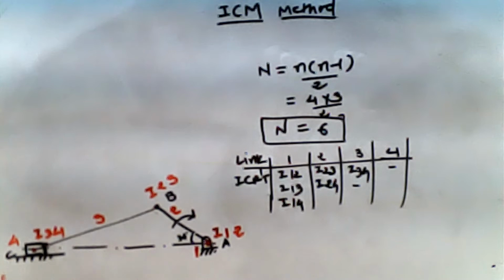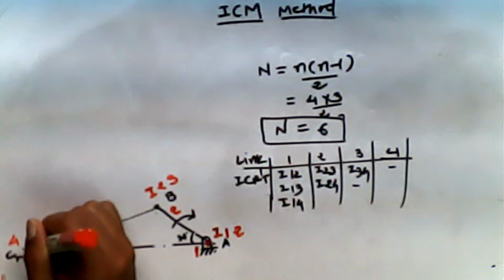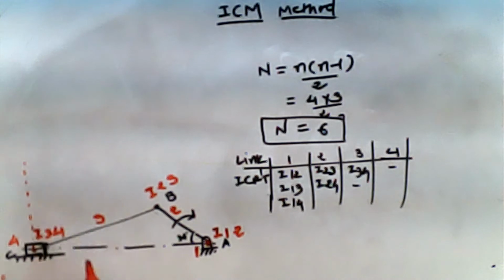Correct. Then always remember the instantaneous center of this slider with respect to the reference, number 1. With respect to the reference, this is the horizontal face and it is traveling like this. So the instantaneous center will always lie at infinity. Means what?